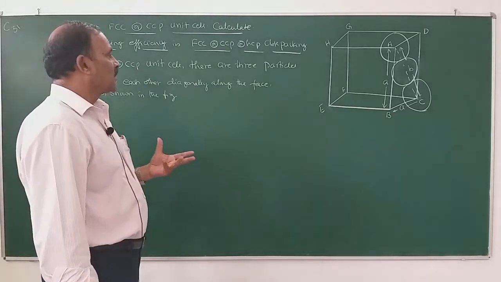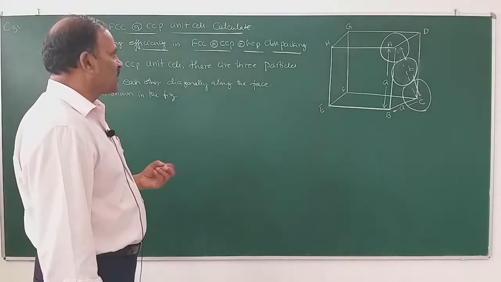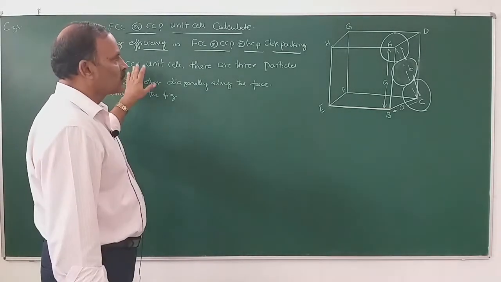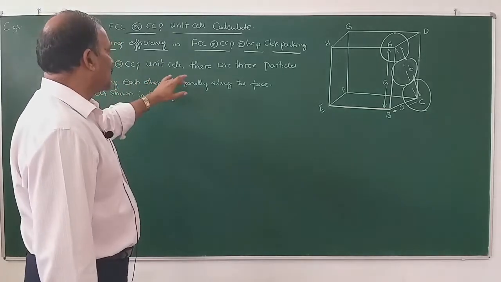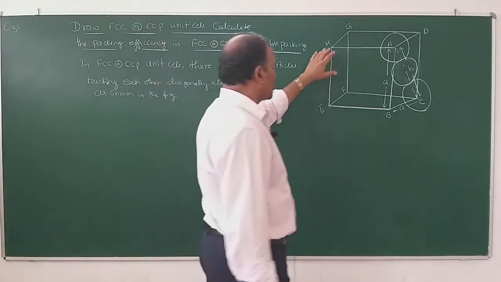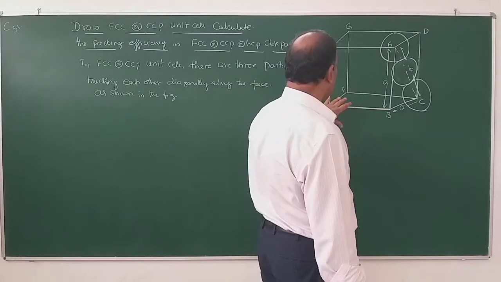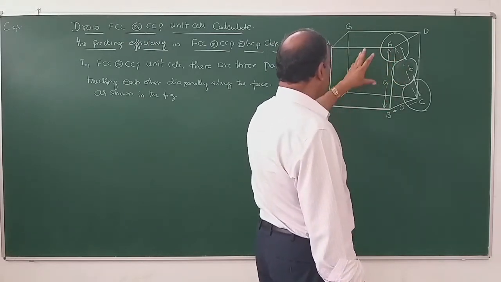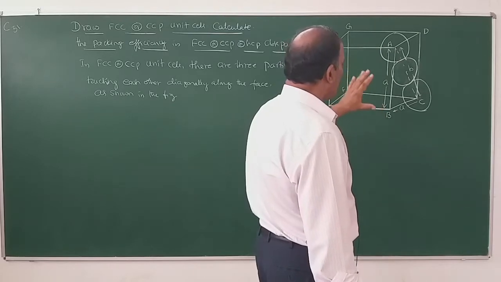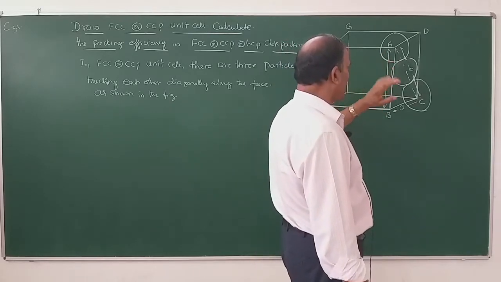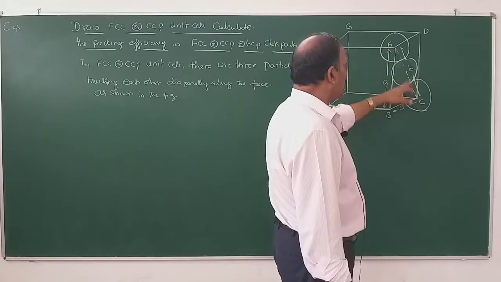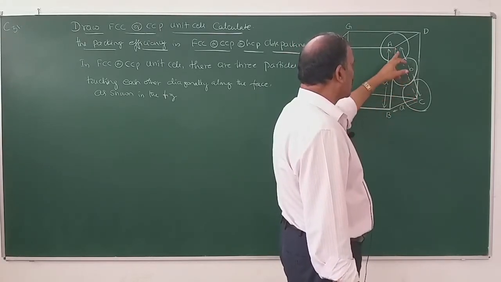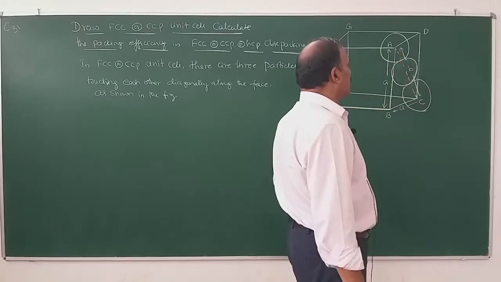So we are calculating packing efficiency in the face centered cubic or cubic close packing unit cell. There are particles at the corners as well as at the center of each face, but I have considered only three particles. So these three particles are touching each other diagonally in a face.